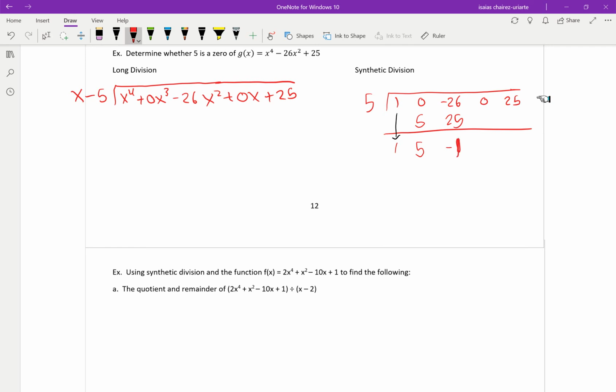So negative 1. 5 times negative 1, well, that's negative 5. 0 plus negative 5, that's negative 5. And then 5 times negative 5 is negative 25. And I end up with that. So remember, this is our quotient. And this is my remainder.